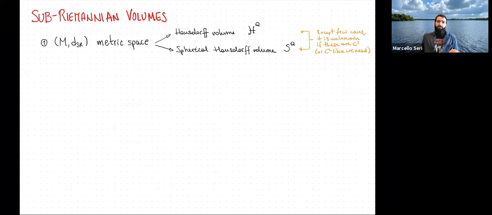So we are stuck. The approach of using the metric space idea and doing Hausdorff volumes, by the way, these Hausdorff volumes are strictly related to the Hausdorff measure that we will come back to later, that also are about how much stuff you need to cover your space when you make the covering finer and finer. So this is not a good choice. It might be regular enough, but nobody knows what regularity it has, so it's bad.